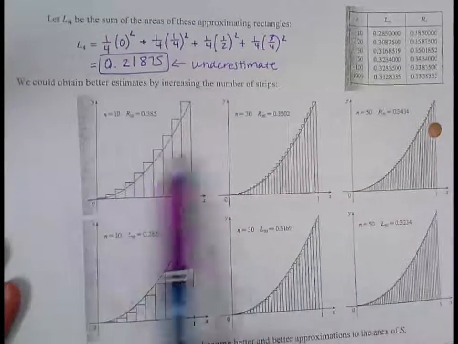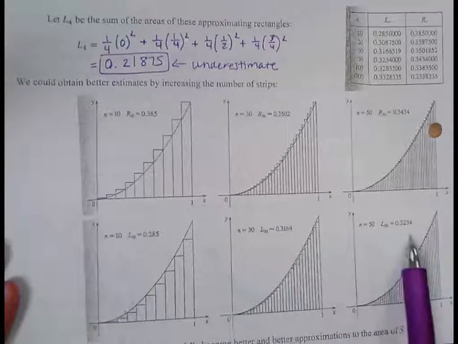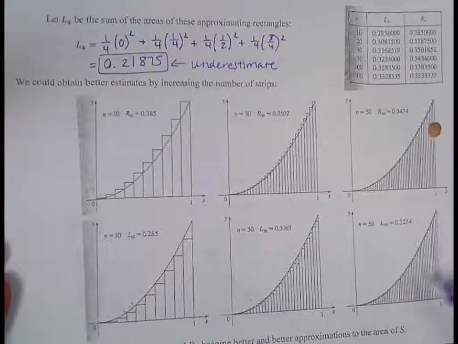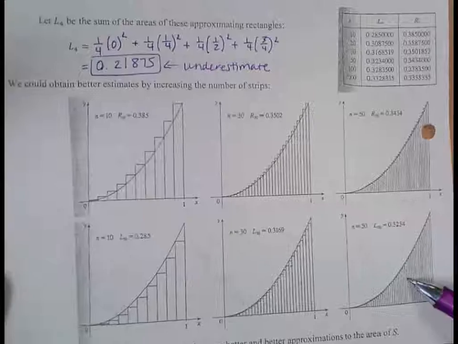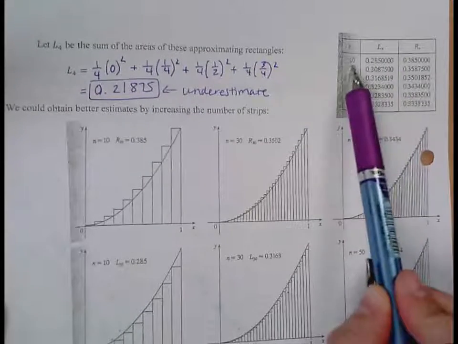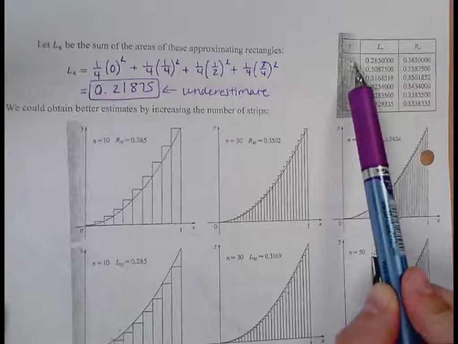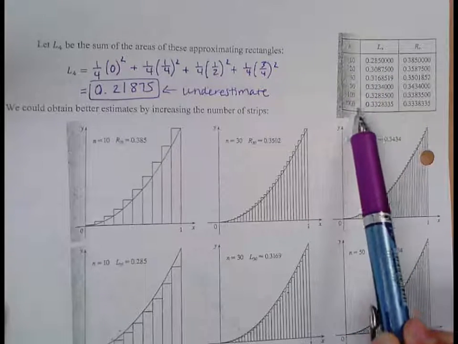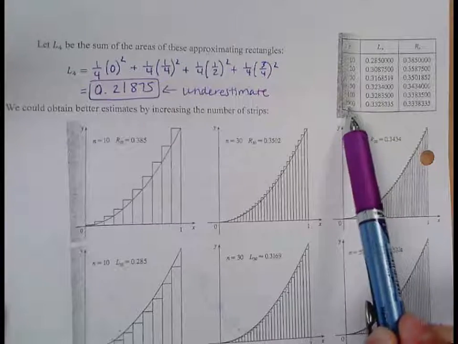This is showing the right endpoints on top, left endpoints on the bottom, for 10 rectangles, 30 rectangles, 50 rectangles. And this table also shows what the actual approximations are if you have 10, 20, 30, 50, 100, and 1,000 rectangles.